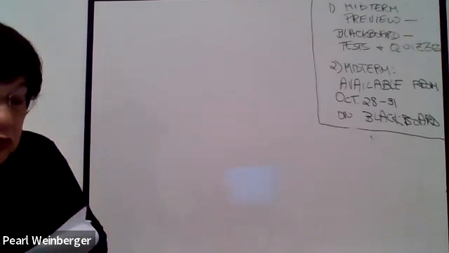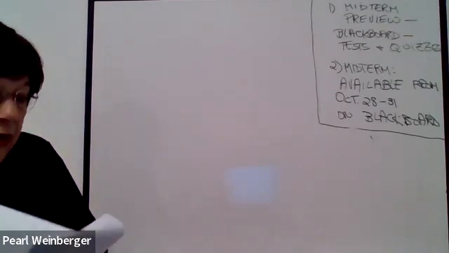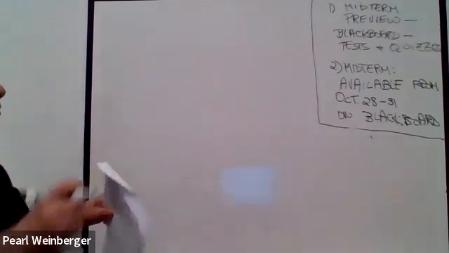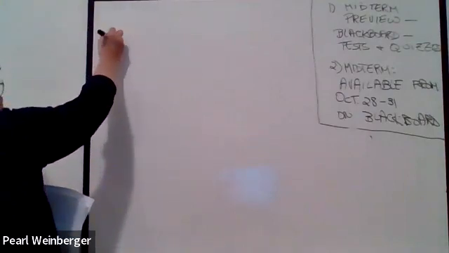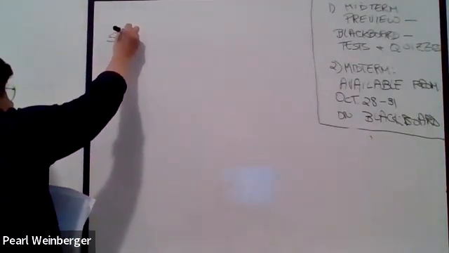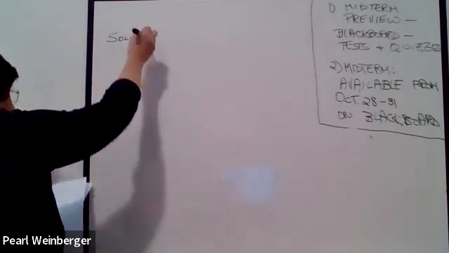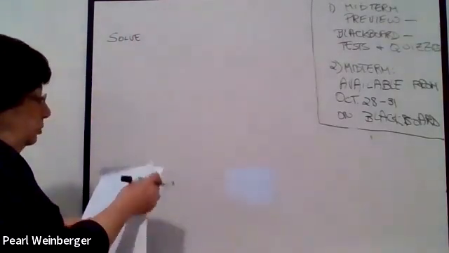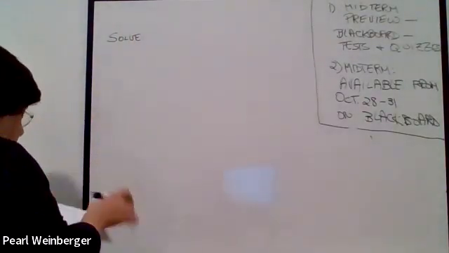So I'm going to try and do one of each type. First of all, let's talk about just solving a regular equation. Let's do one that has some fractions and some decimals in it.